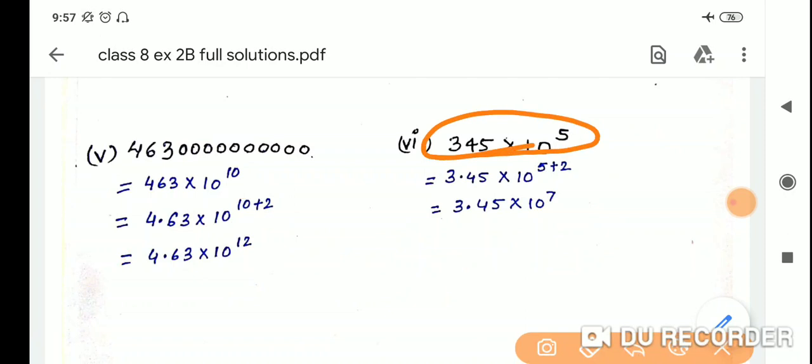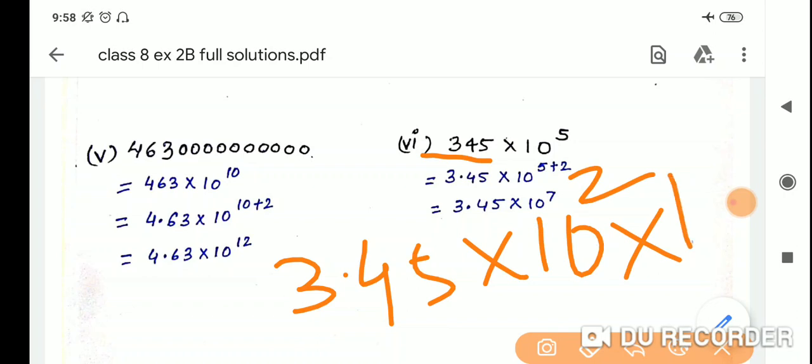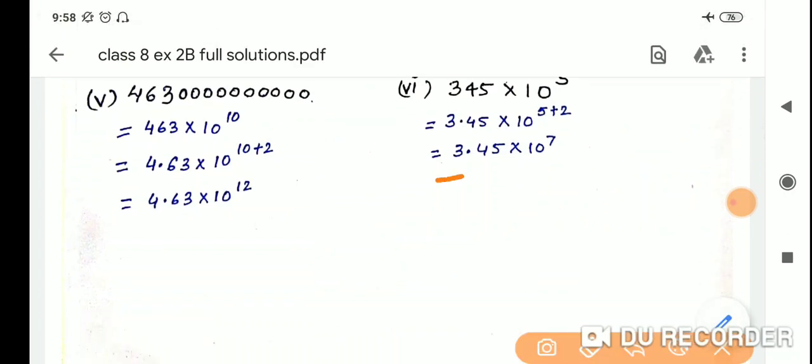You will say, ma'am, it is already in standard form. But here 345 is written, and we have to convert it into decimal. So 3.45 multiplied by 10 raised to the power 2, multiplied by 10 raised to the power 5. Then 5 plus 2 is 7, so into 10 raised to the power 7.